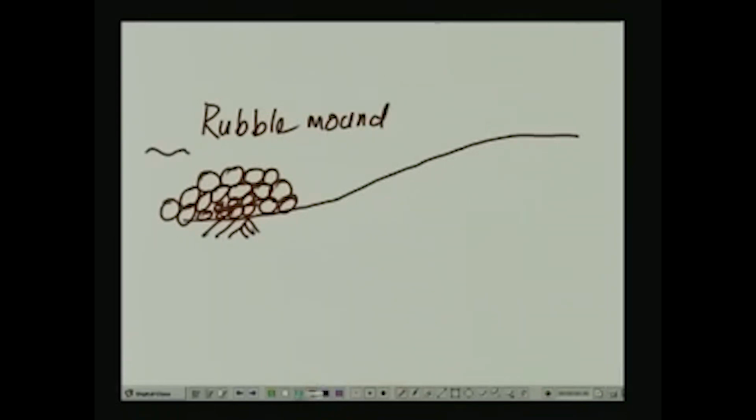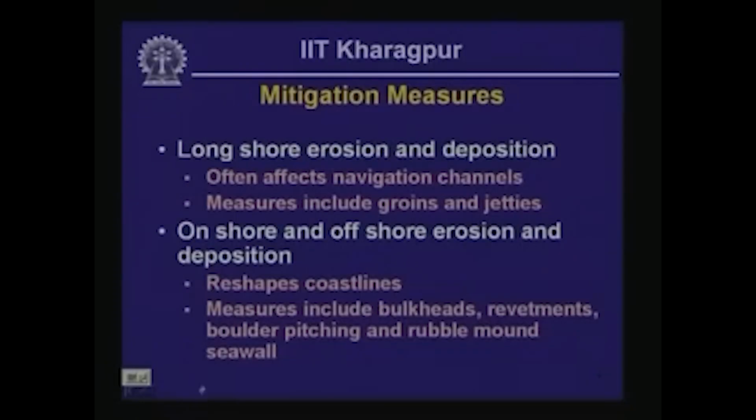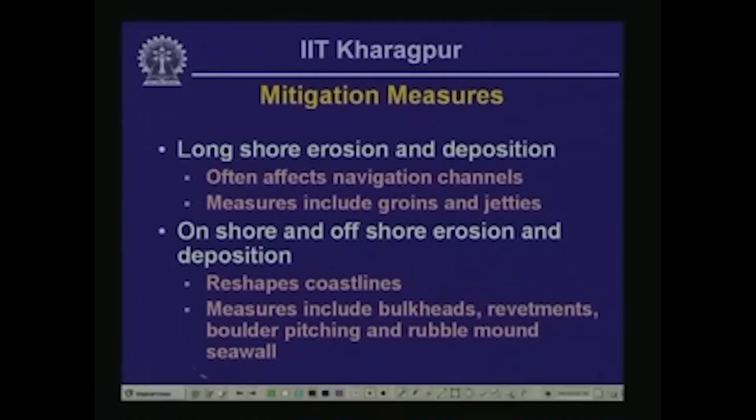And the water is like this. So this is our coastline then. And here, as I mentioned, we are looking at the cross section of the coastal area. This is a typical wave break rubble mound, and then we have got other measures such as bulkheads and revetments. Let's look at what are those.